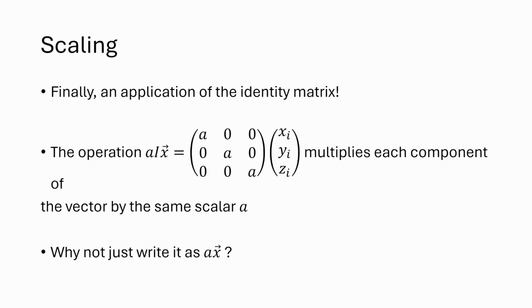And if part of that transformation is a scaling step, then you'll want to write that as a times the identity matrix in your sequence of matrices that build the whole transformation.